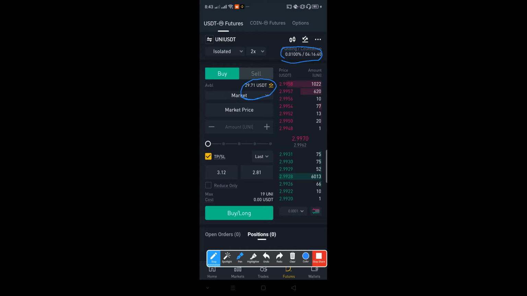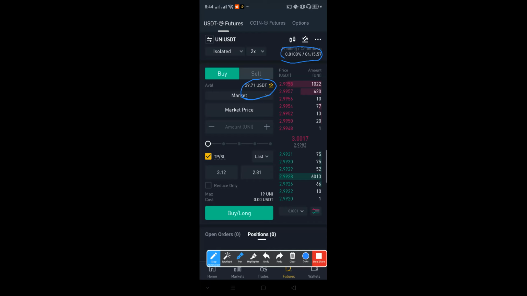0.01% of whatever I'm using to trade. That's what they are going to charge me. That is because you are using the house money. For example, I use $15 to take the trade, but because I'm on 2x, I'm actually using $30 to take that trade. That was why I can buy up to 10 uni, because my $15 at 2.9 or $3 per uni can only buy 5 uni.